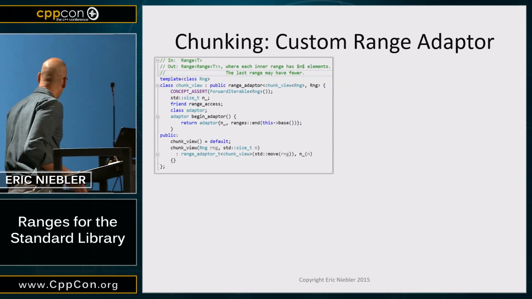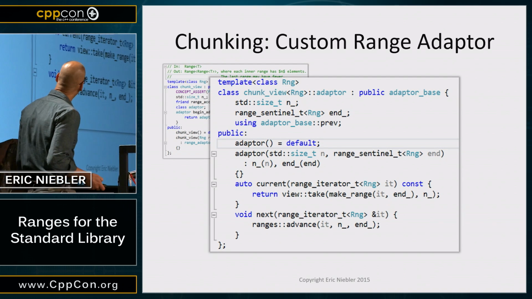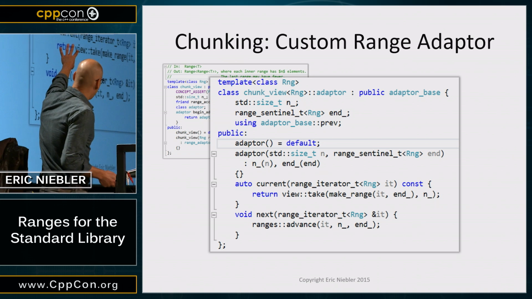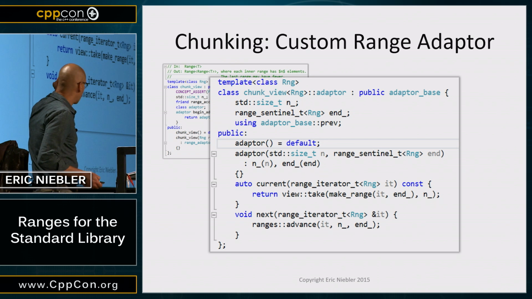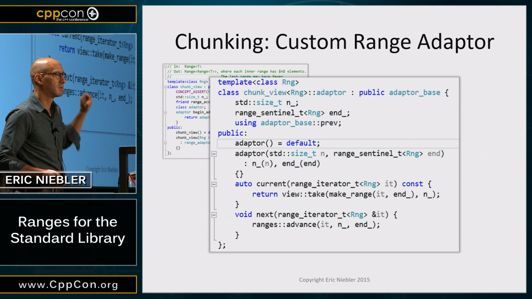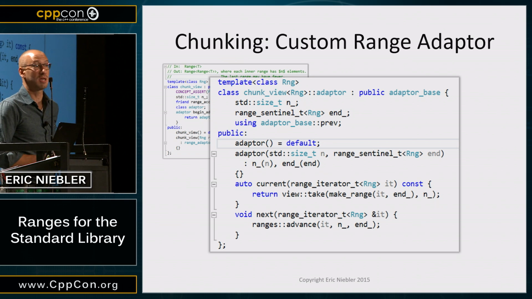So let's put that over there, and let's look at this. Here's the adapter. We can store some members, the end of the inner range. And then we implement current and next. Current and next is where the behavior for operator star and operator plus plus are going to come from.